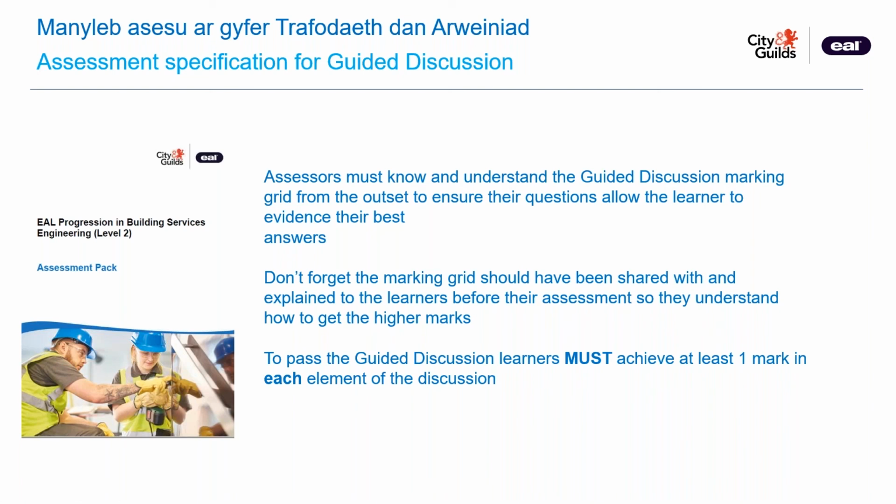In this section of the assessment pack, assessors must know and understand the guided discussion marking grid from the outset to ensure their questions allow the learner to evidence their best answers. Don't forget the marking grid should have been shared with and explained to the learners before their assessments, so they understand how to get the higher marks. To pass the guided discussion, learners must achieve at least 1 mark in each element of the discussion.